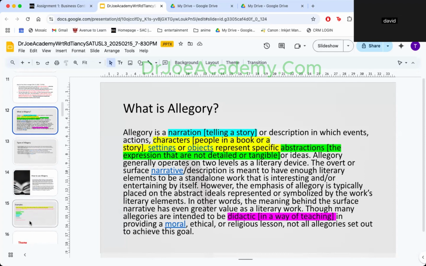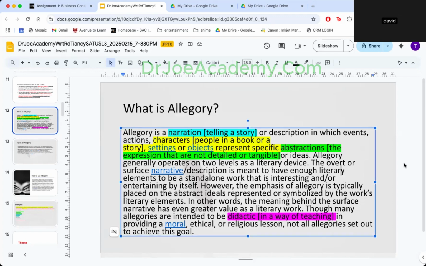Allegory generally operates on two levels as a literary device. The overt or surface narrative description is meant to have enough literary elements to be a standalone work that is interesting and or entertaining by itself.